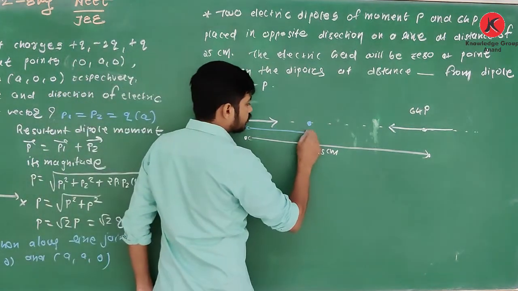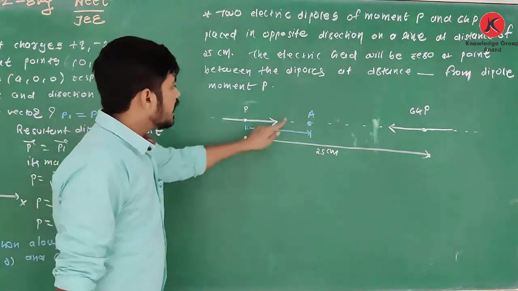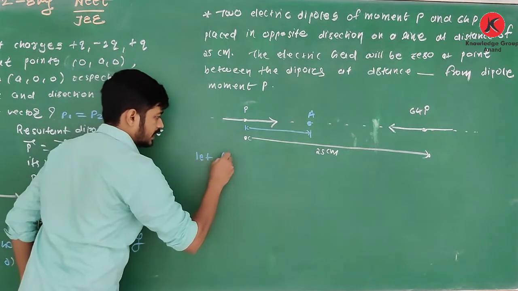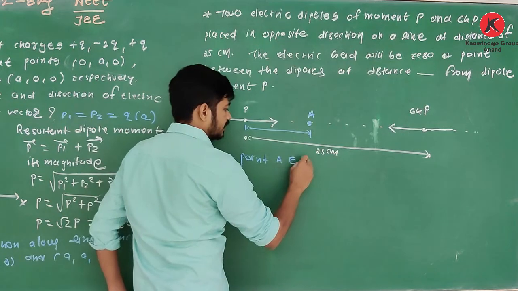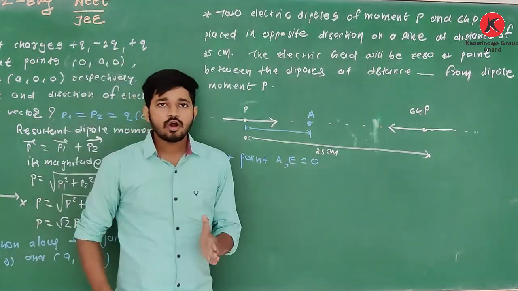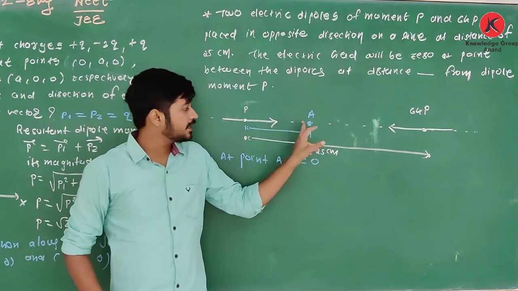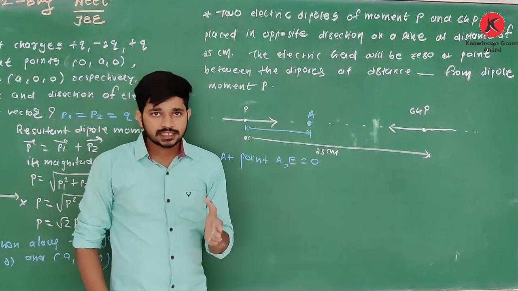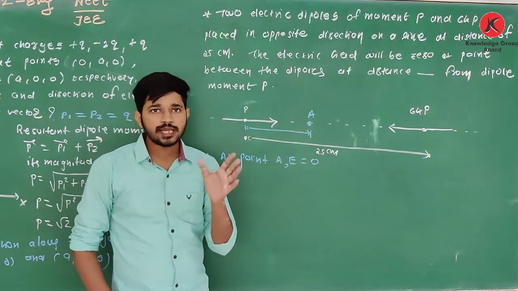Okay, so at point A, assume, at point A, let the total electric field be 0. Why is the electric field 0? Because this point is on the axis of the first dipole, and this point is on the axis of the second dipole. So on the axis, we know that the electric field is in the direction of the dipole moment.